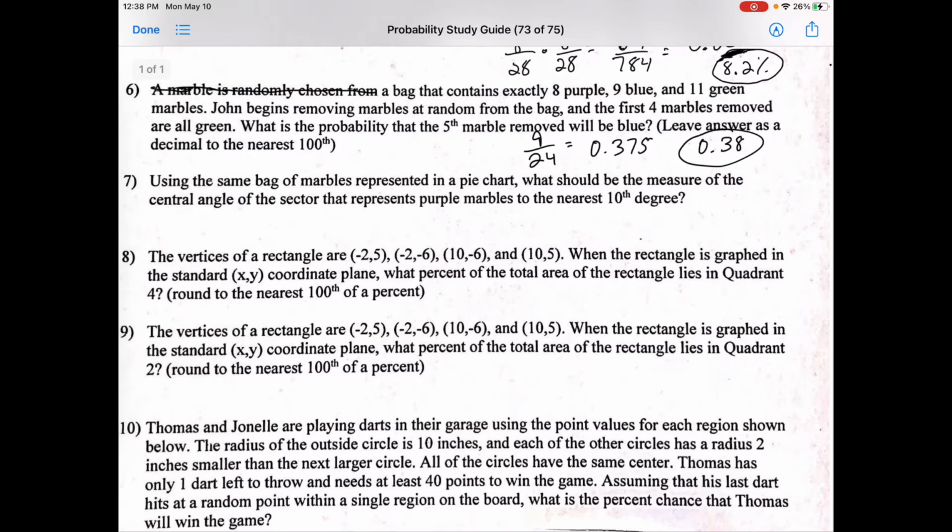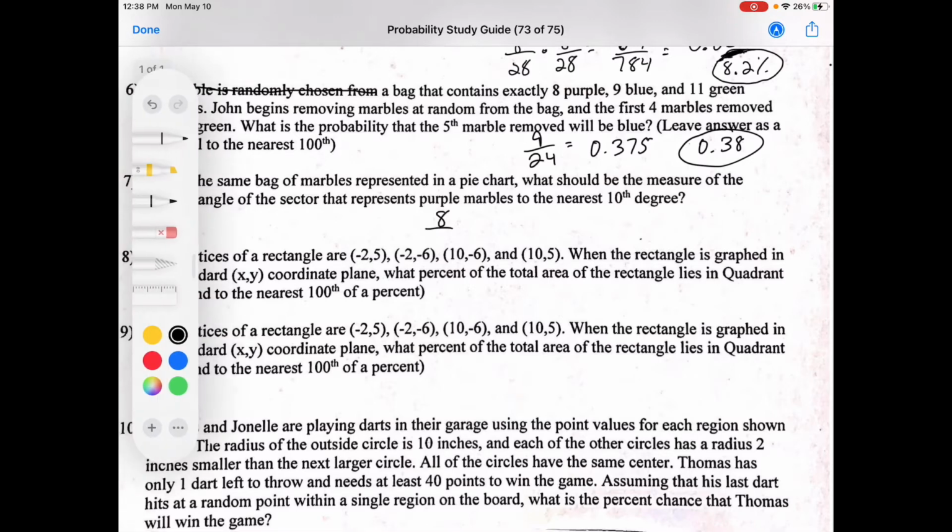Okay. Using the same bag of marbles, represented in a pie chart, what should be the measure of the central angle of the sector that represents purple marbles? Okay, so there are 8 purple marbles out of 28.